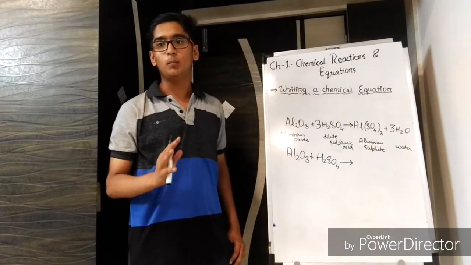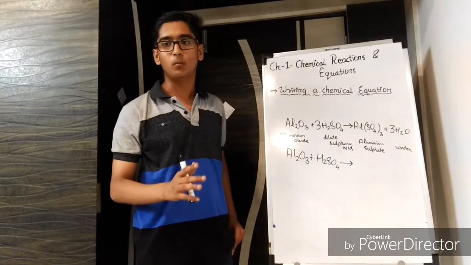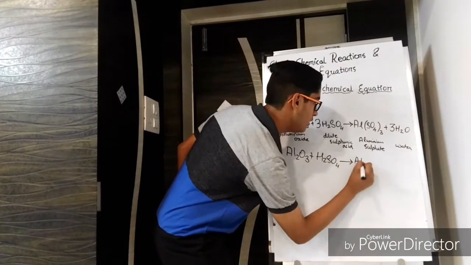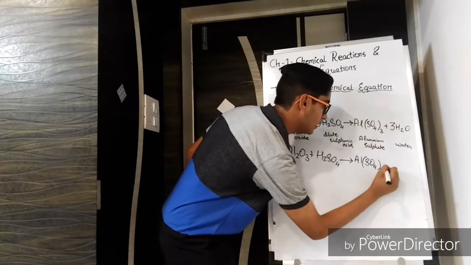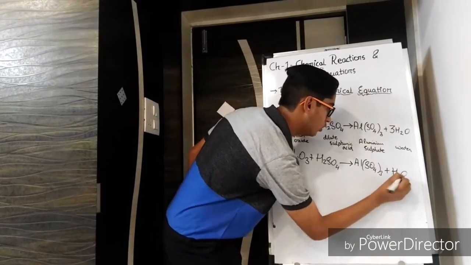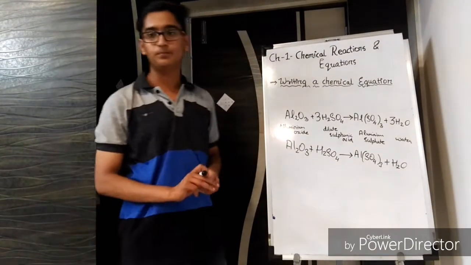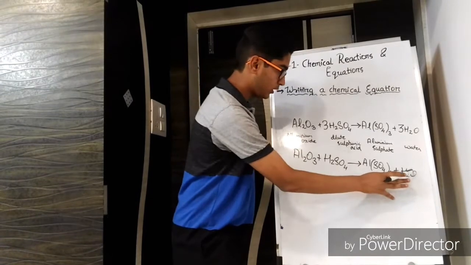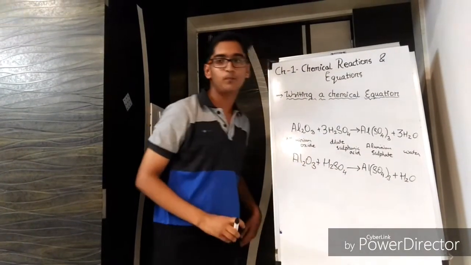Here also a plus sign is placed between the different compounds formed. So it will be written as Al2(SO4)3 plus H2O. So this indicates that this product is formed by the reaction of these two reactants.